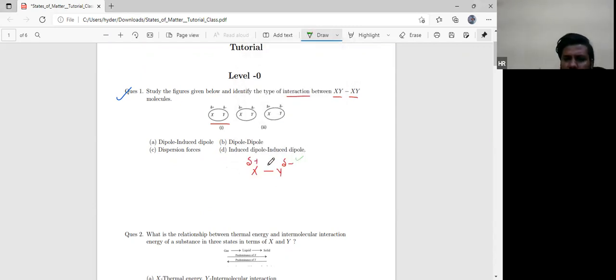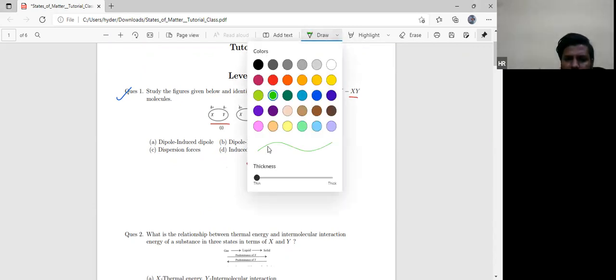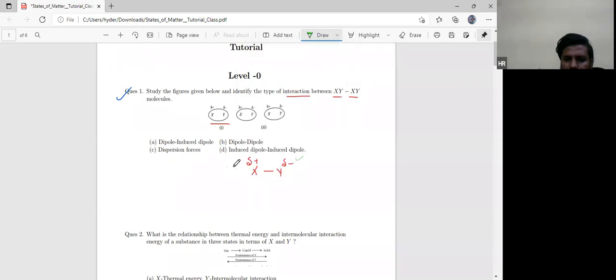Basically, this is negative charge and this is positive charge. That means the Y is withdrawing electron from X. This bonded electron is slightly pulled towards it. That's why it is delta negative and delta positive.